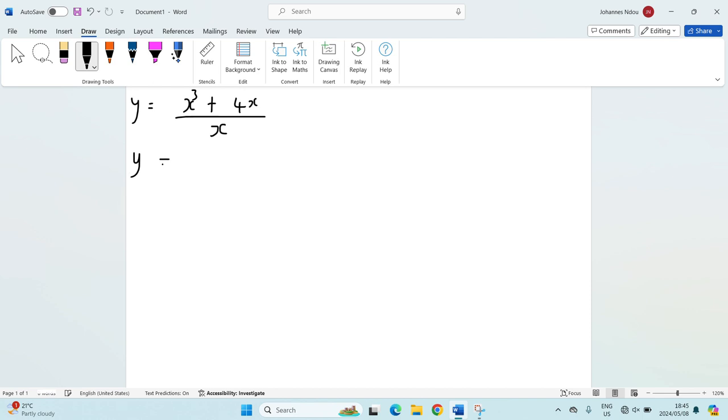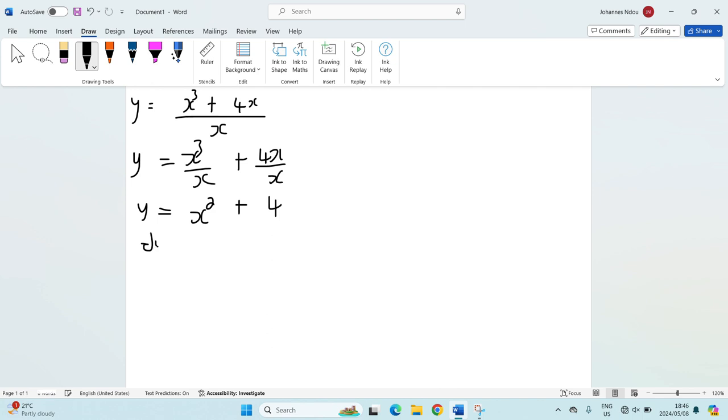So I'm going to have y is equal to x cubed over x plus 4x over x. Now divide everything. We have x squared. X cubed divided by x is x squared plus 4. Now we can differentiate this.